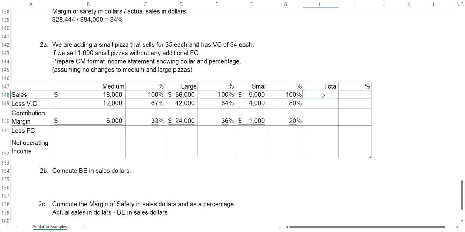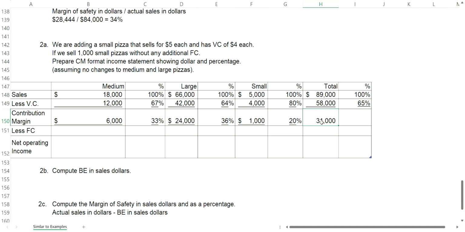Okay, now I've got a new total going because I got to get 18 plus 66 plus 5, 12 plus 42 plus 4,000, and 6 plus 24 plus 1,000. Now again, the sales of 89,000 will be 100%. I will take 58,000 divided by 89,000, and that will give me 65%.